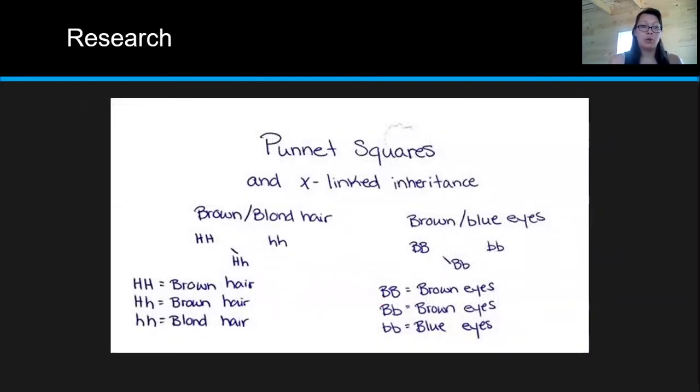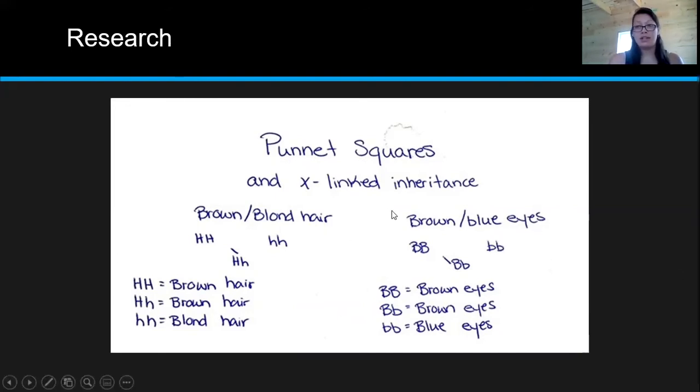So here I'm just showing that two uppercase H's are going to be my dominant trait for brown hair, and two lowercase h's are going to be recessive for blonde. And an uppercase H and a lowercase h means that the brown hair is being expressed, but they are a carrier for that blonde hair.